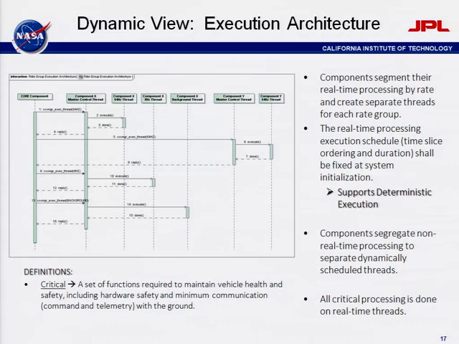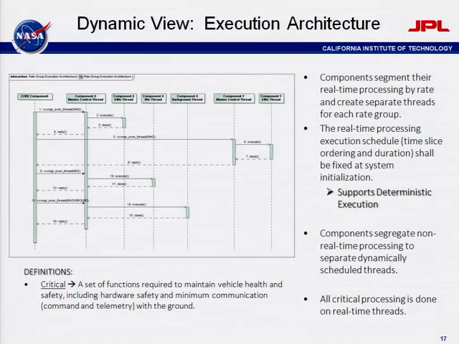Furthermore, components segregate their non-real-time processing to separately dynamically scheduled threads. So one of the capabilities you have in a time-partitioned system is to actually use up the slack time in your schedule to schedule non-real-time processes, to schedule background threads. And so we put that processing on their own separate threads that are dynamically scheduled.